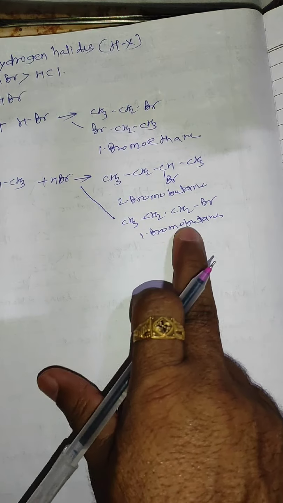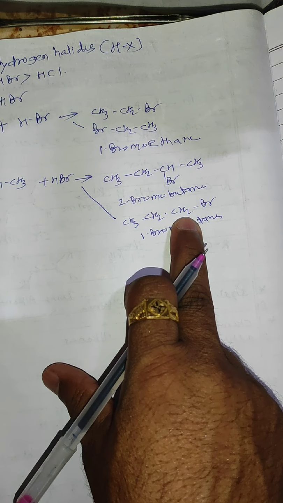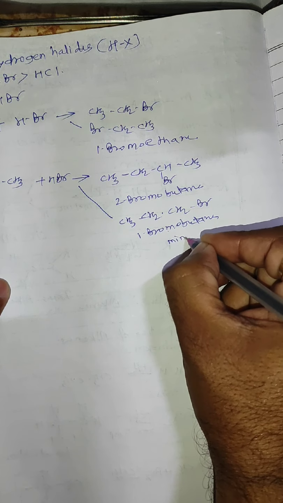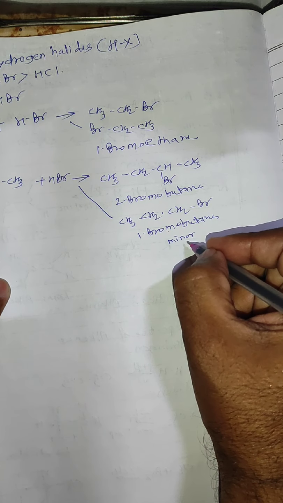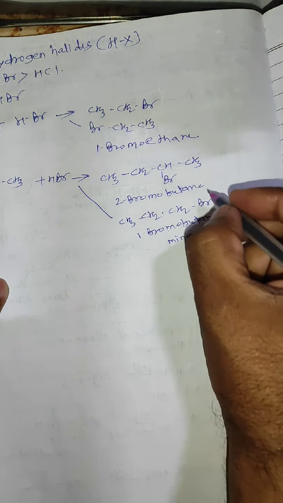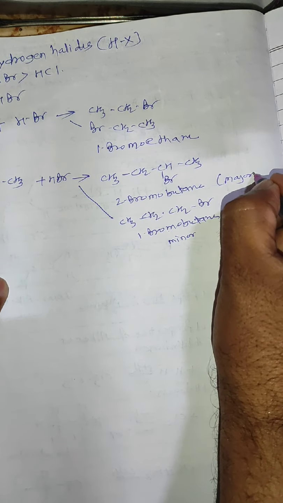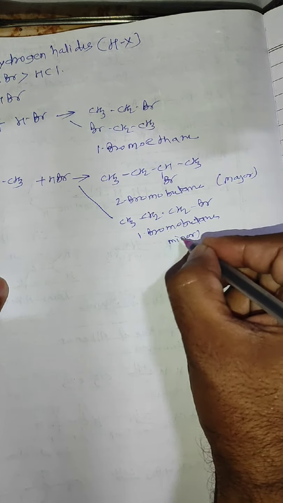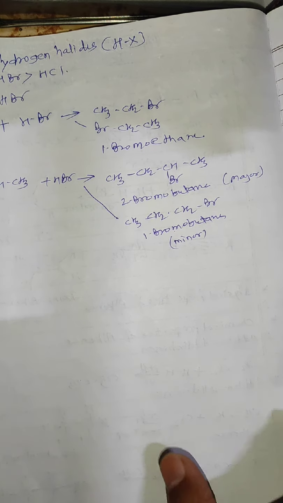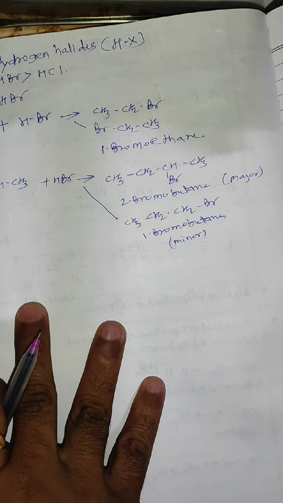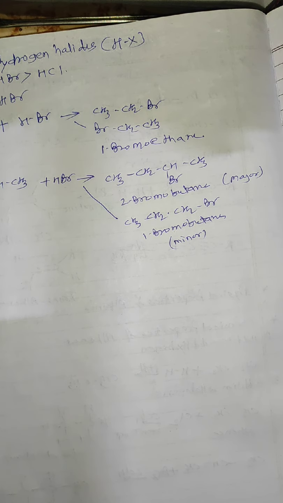Both 1-bromobutane and 2-bromobutane are formed, but 1-bromobutane is the minor product and 2-bromobutane is the major product. This minor and major product are formed because of Markovnikov's rule and anti-Markovnikov's rule.